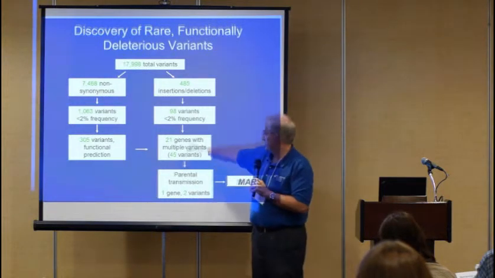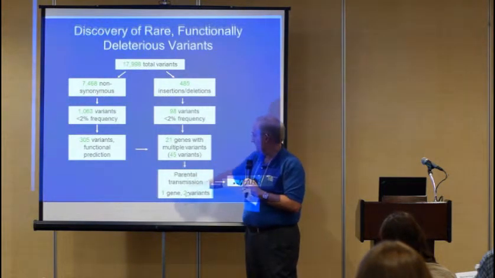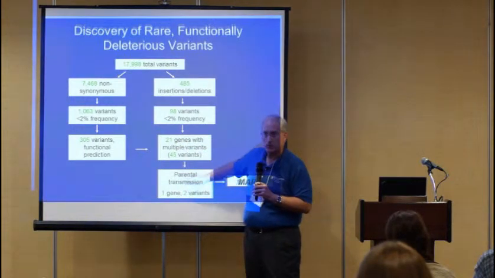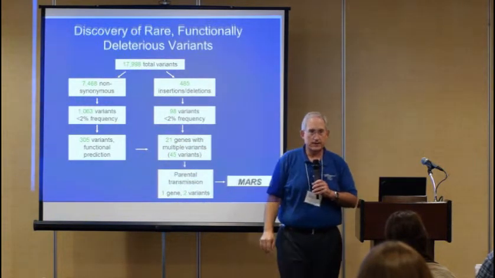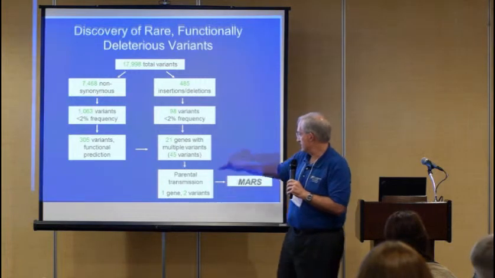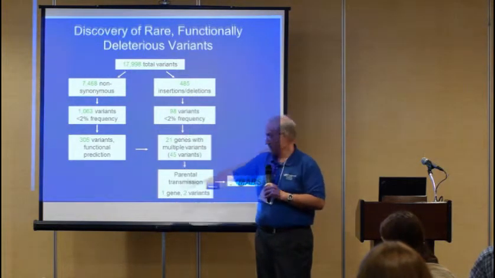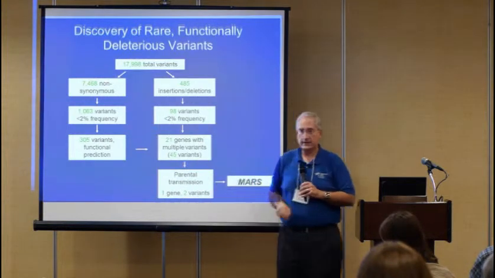And then, based on that recessive transmission, we looked to see, okay, these genes where there's multiple variants, how do they line up with what the parents are carrying? And if so, what can we find? And in this case, we got lucky. And we came down to one gene that had two variants.